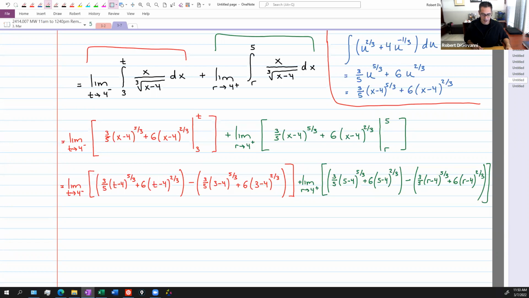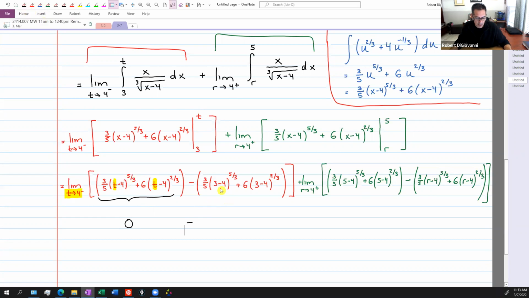All right, I think I'm ready. Let's see what happens when t goes to 4 from the left. If I plug 4 in here, 4 minus 4 is 0, so that's headed to 0. 0 to any power other than 0 is going to be 0, so this whole thing is gone. That's good.